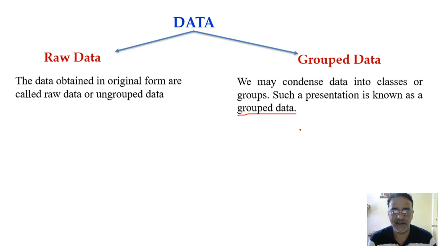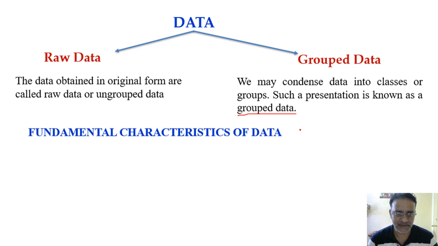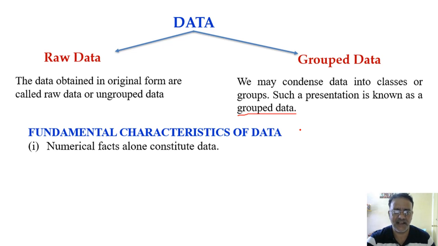Are you able to identify these two types? Yes, sir. I will give one example, and after that I will explain the example. Now let us discuss the fundamental characteristics of data. The first characteristic is that numerical facts alone constitute data. The marks you collect in some subject in a particular exam, all those marks will constitute data.